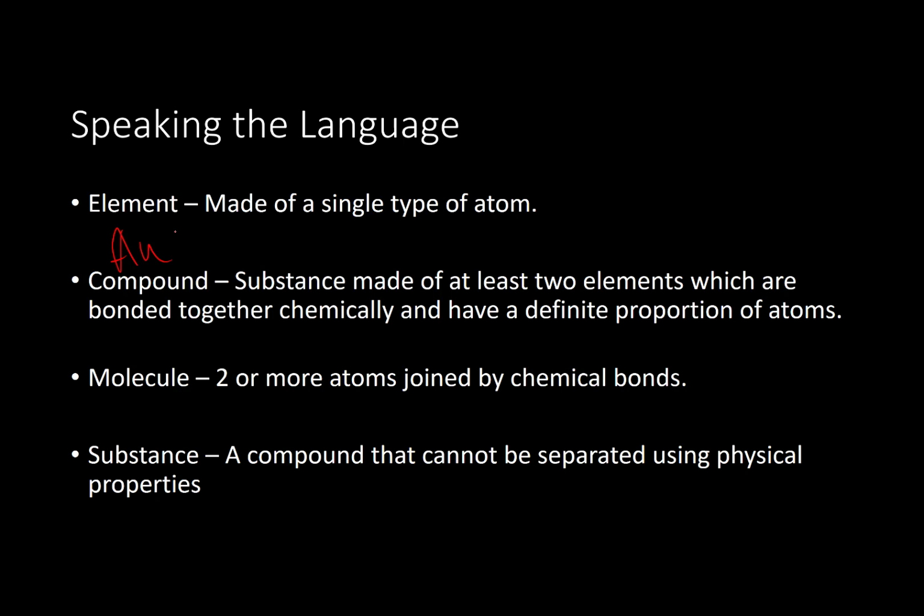Aurum is the word used for gold in Latin. So the symbol Au is based on that. But when it comes to an element, if we talk about pure gold, what we're saying is that this gold nugget that we have is made up of all Au atoms.